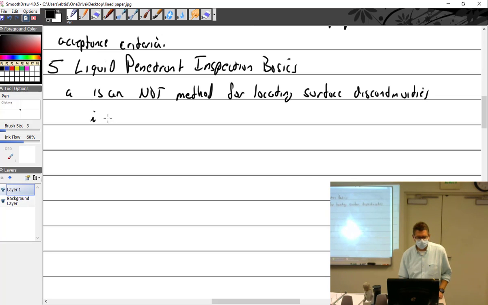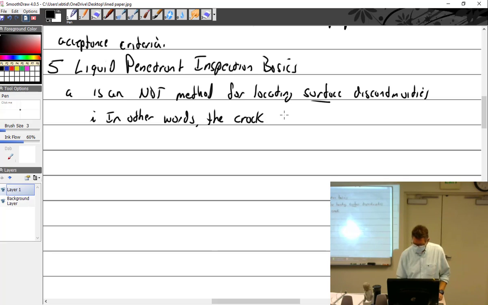In other words, can you finish this? You have to see it. No, it's on the surface. What does that mean? It's not subsurface. It has to be able to penetrate it.